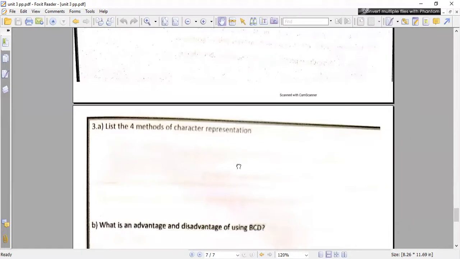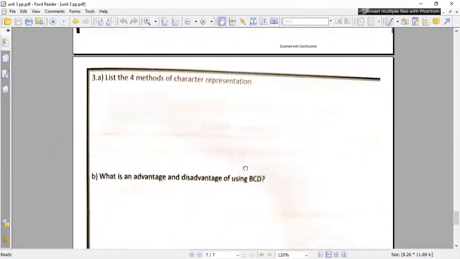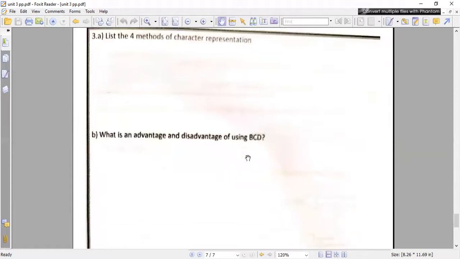Then list the methods of character representation: BCD, EBCDIC, ASCII, and Unicode. We have discussed them. What are the advantage and disadvantage of using BCD? BCD's advantage is you can represent decimal numbers very easily. But BCD's disadvantage is you have only 4 bits, so you can represent only very limited data with that.